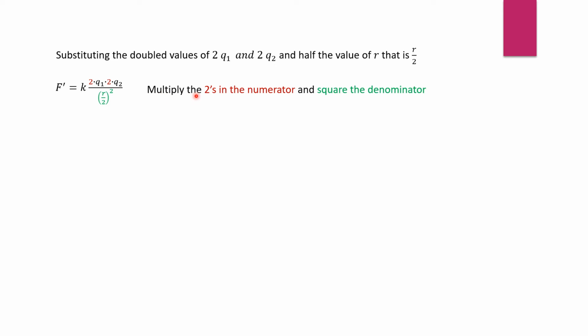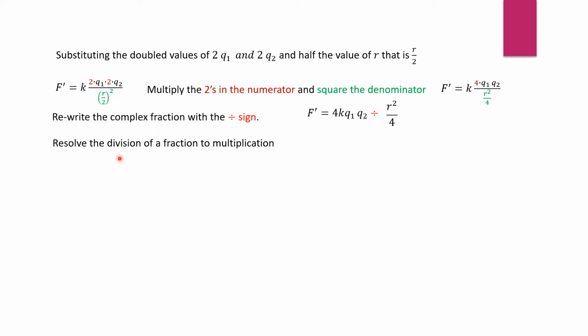Now multiply the 2's in the numerator and square the denominator, results in F dash equal to k 4q1 q2 divided by r square by 4. Now rewrite the complex fraction with the division sign as F dash equal to 4k q1 q2 divided by r square by 4.